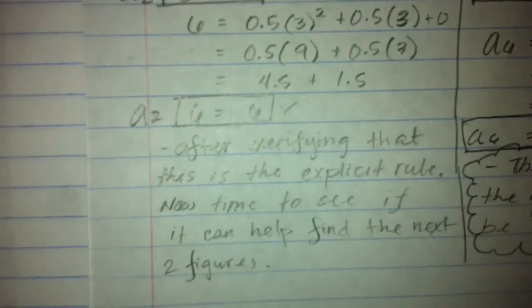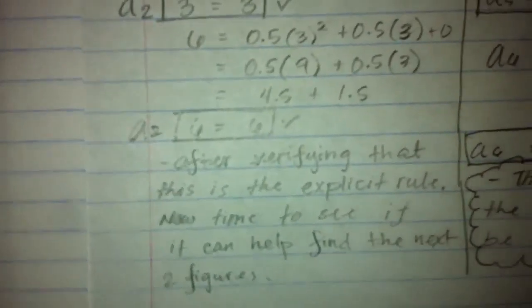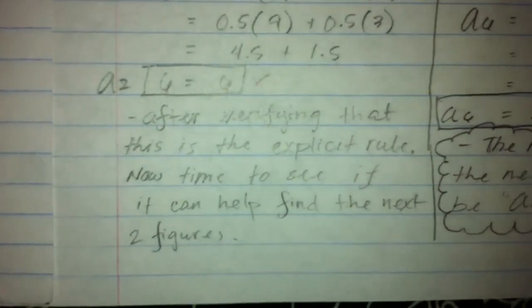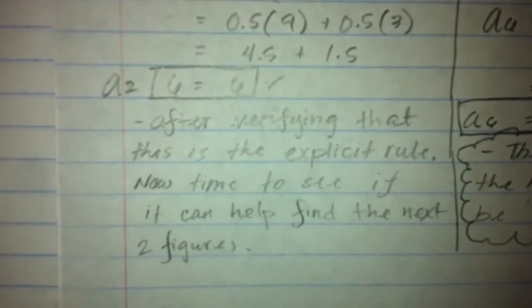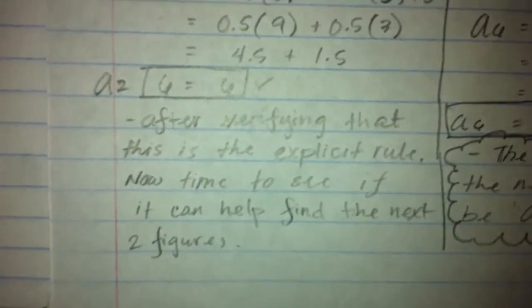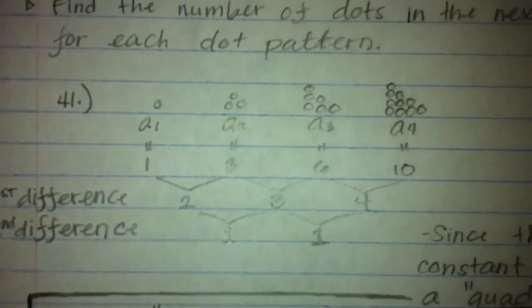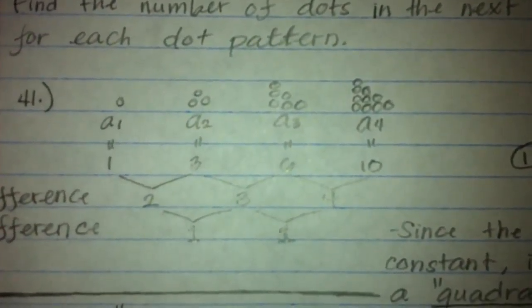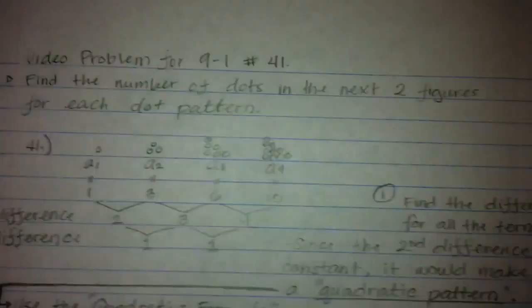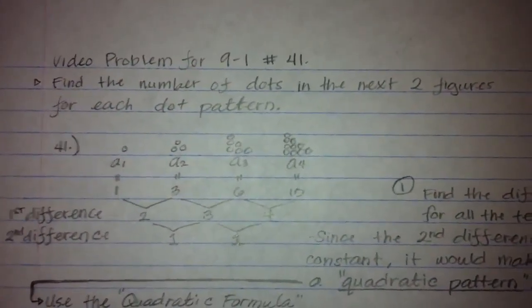So after verifying that this is the explicit rule, now time to see if it can help us find the next two figures. Since we are given the terms up to 4, we need to find the next two figures, which is 5 and 6.